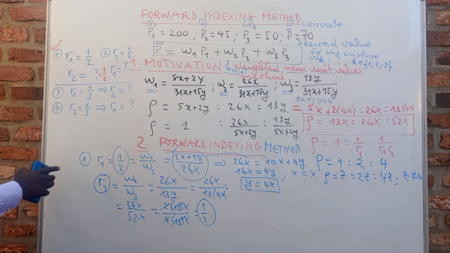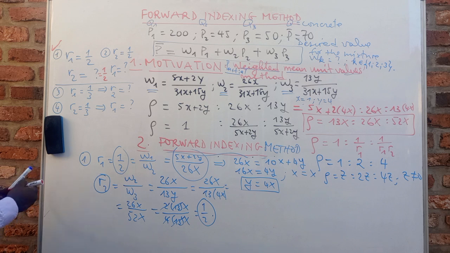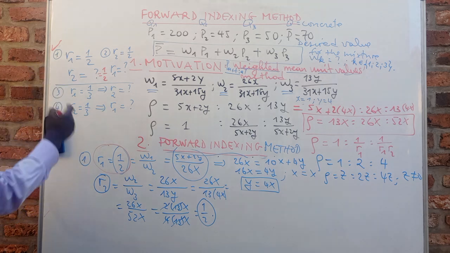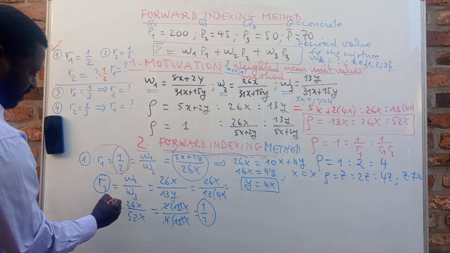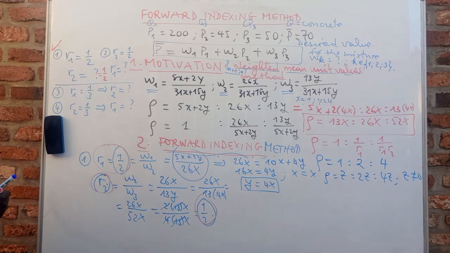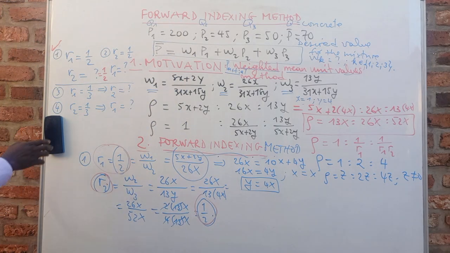Let us move to question number 2. Knowing the value of R1 for the first question, we found the value of R2, and then we can find the ratio over here.